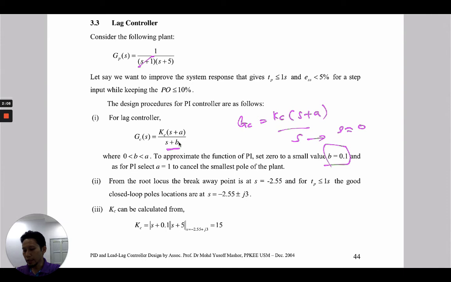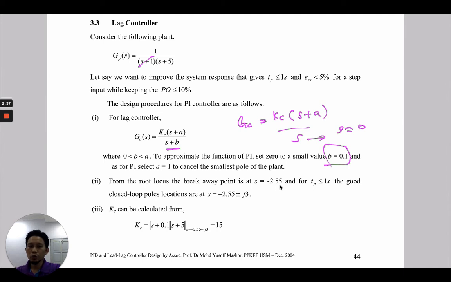And we can plot it, since we know that we have S plus 1 and then S plus 0.1. We can plot the root locus of the loop transfer function here, and we will find that at the root locus, the breakaway point is at negative 2.55.